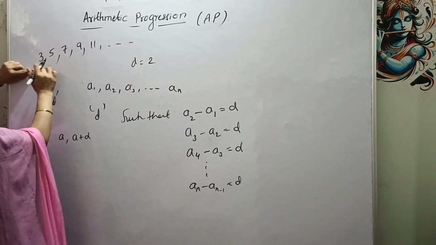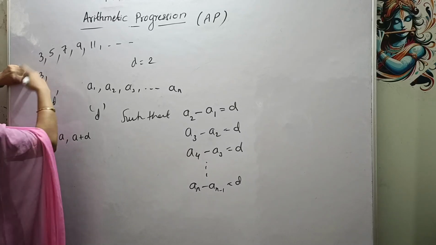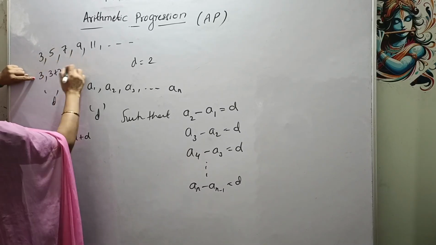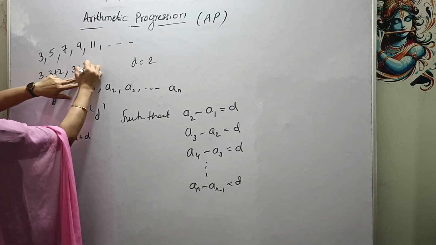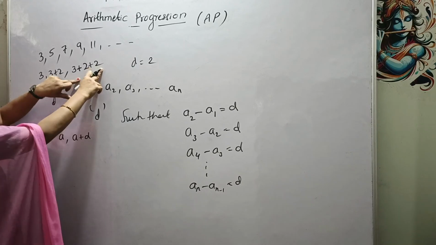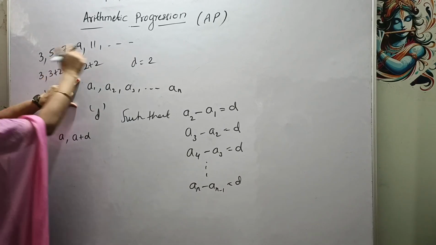Okay. Now here we can write, see, the first term is 3, then the second term is 3 plus 2, that is 5. Right? The next term is 3 plus 2 plus 2, that is nothing but 7. Right?